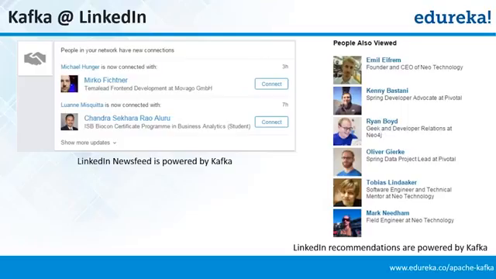Maybe they optimize and display similar profiles or similar jobs or similar companies based on your activities. So these are all the things LinkedIn uses to make recommendations, but eventually in the backend, it relies heavily on Kafka to connect all these systems for processing, analyzing and presenting this information.